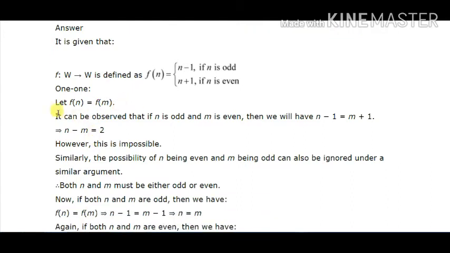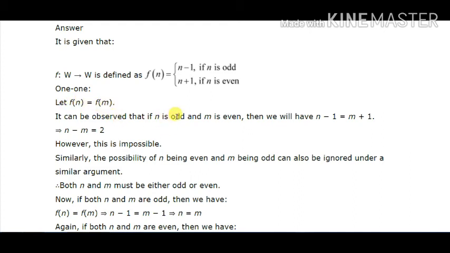Now for one-one, we have to take different cases. Let f(n) be equal to f(m). First we take the case that one number is odd and the other is even. Can it be possible that f(n) equals f(m)?